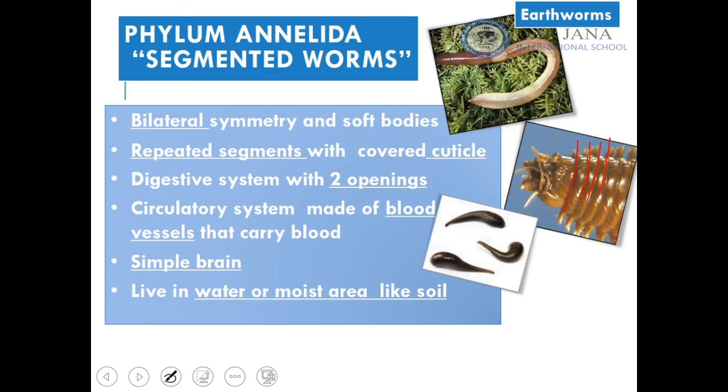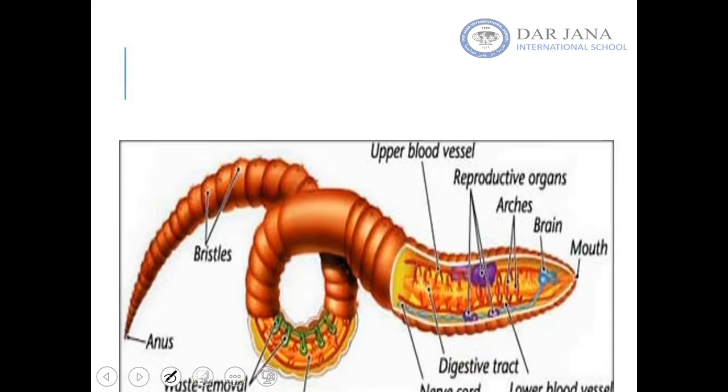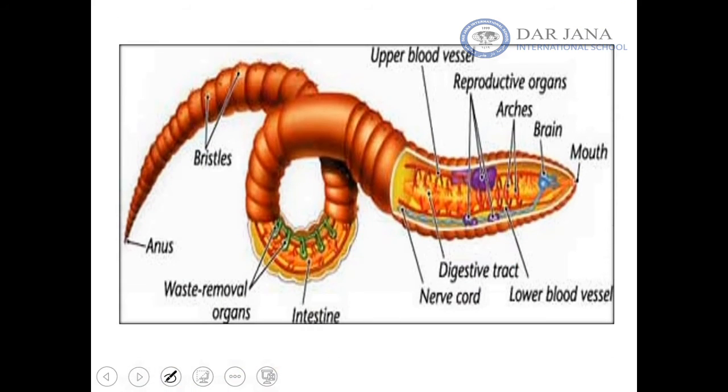Some examples of annelids: we also have the leeches, and here we can see a marine worm. If we look closely at a worm, we can see the mouth and the anus for excretion.